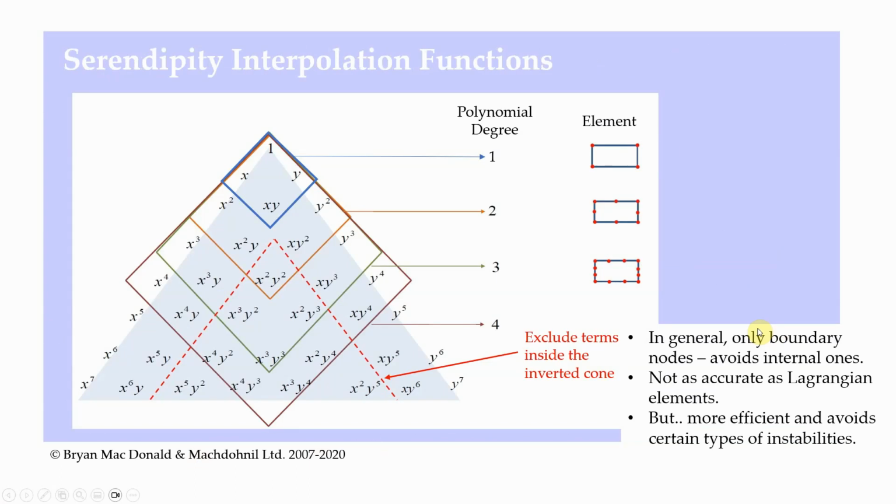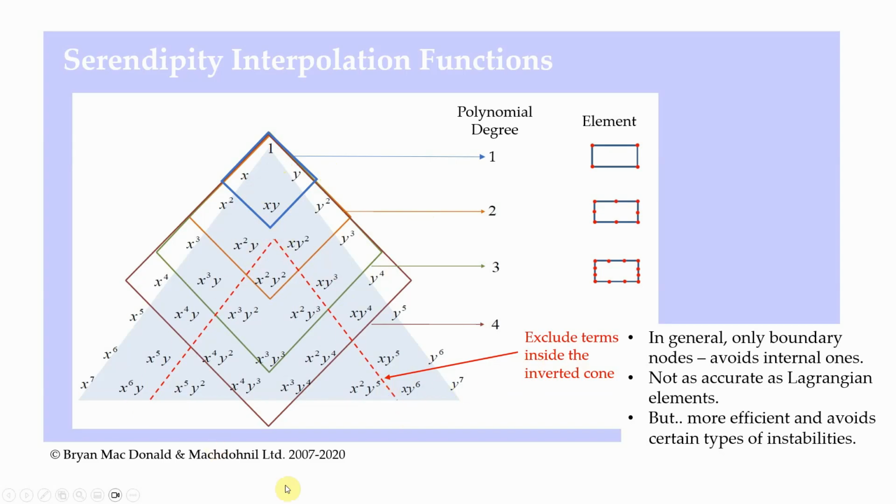The next type of interpolation we're going to look at is the serendipity interpolation functions. We're not going to get into the theory of those, but just to briefly mention them at this stage, as we're going to get into them later on in this course when we look at quadrilateral elements. Essentially, looking at Pascal's triangle, the serendipity interpolation functions exclude terms that reside inside this inverted cone here.